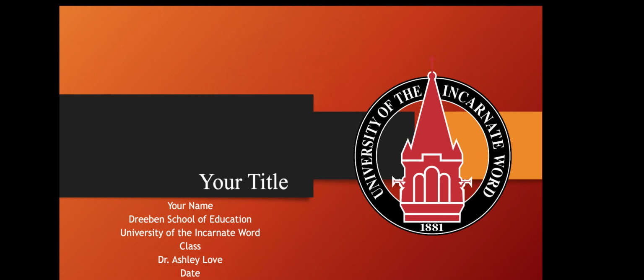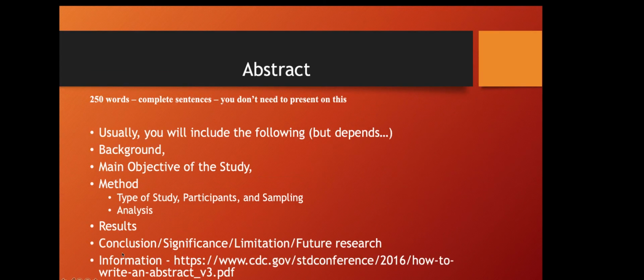For the change of speakers, but basically you're going to have a title page or title slide, and then after that you are going to have your abstract. The abstract is not something that you're going to read to us, but it usually has background, main objective of the study, the method usually has types of study, participants and sampling, and the analysis that you're going to be utilizing.